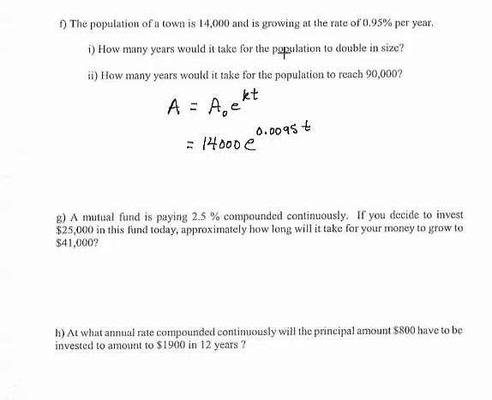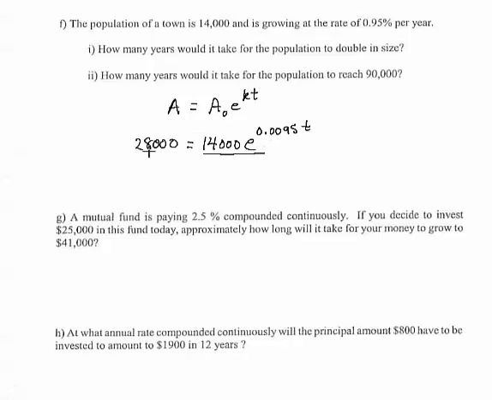Okay, how many years would it take for the population to double in size? So we want to double the initial population of 14,000, so in other words, we want A to be 28,000. This is similar to the type 2 with the exception of the 14,000, so we want to take care of that.